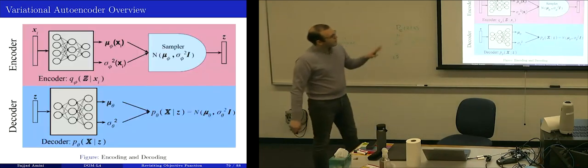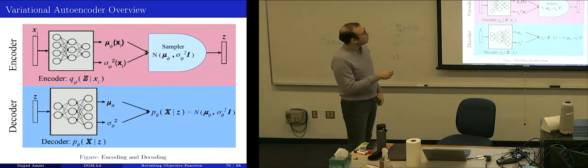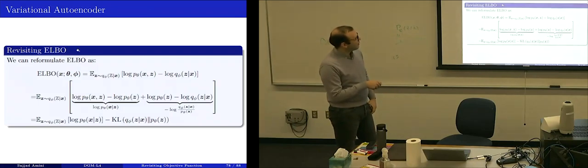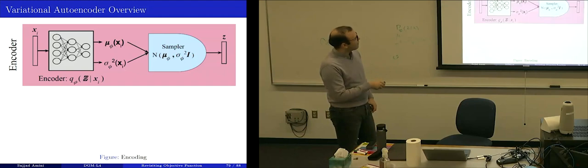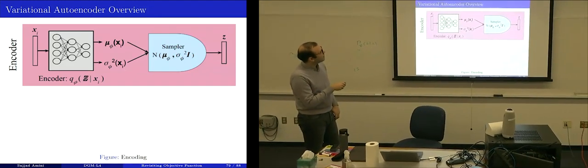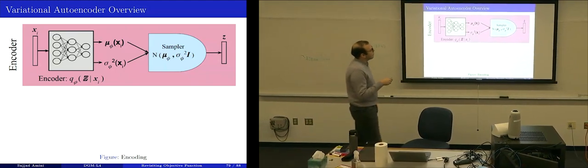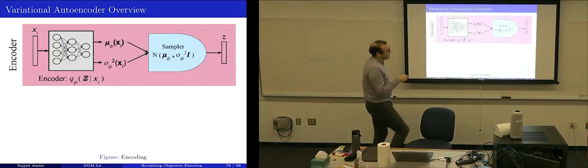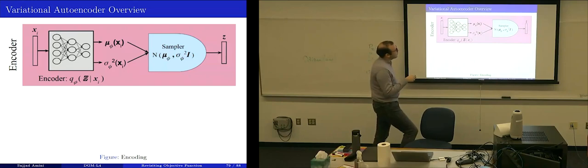Okay, this is how you can visualize the first term. The first term says that one input xi enters the network that generates the parameters for the distribution of the approximate posterior.